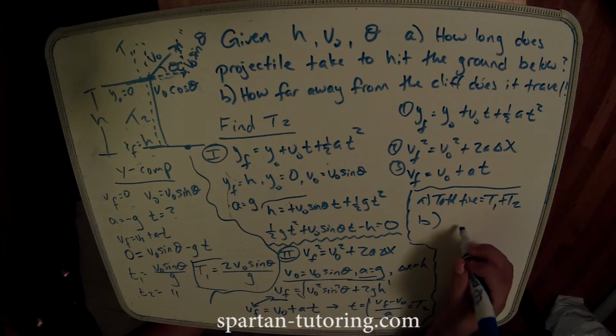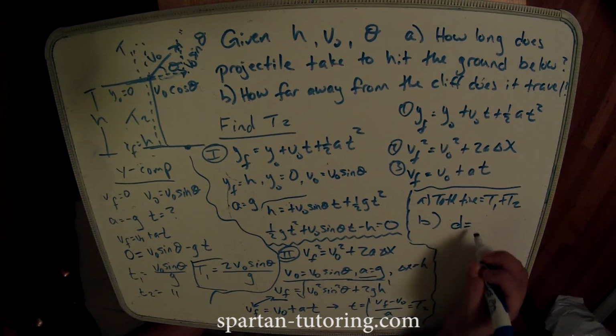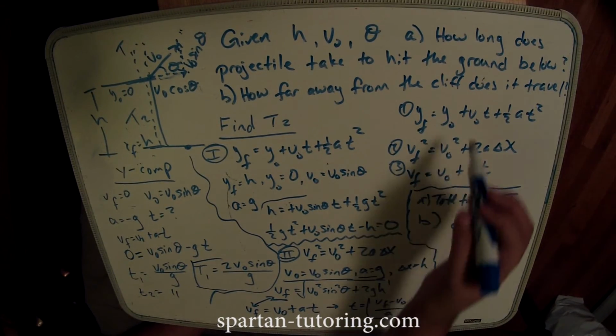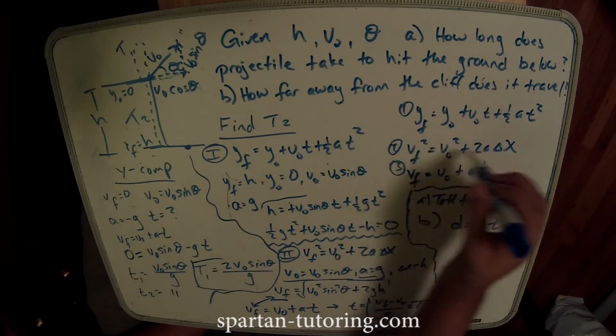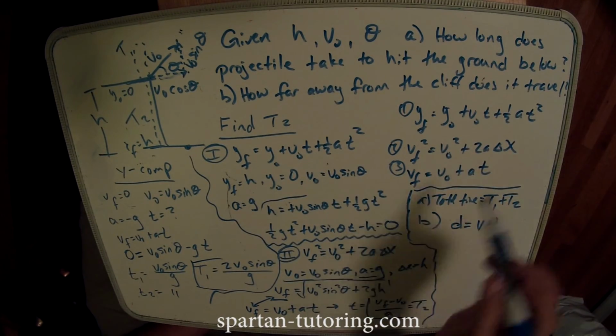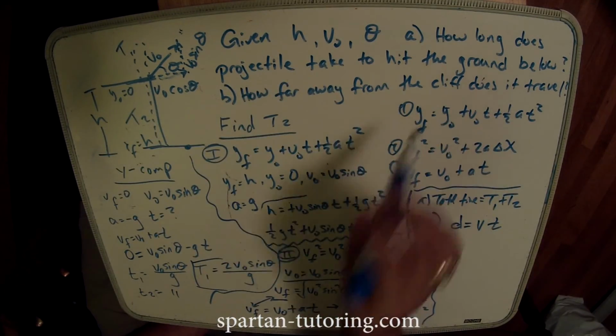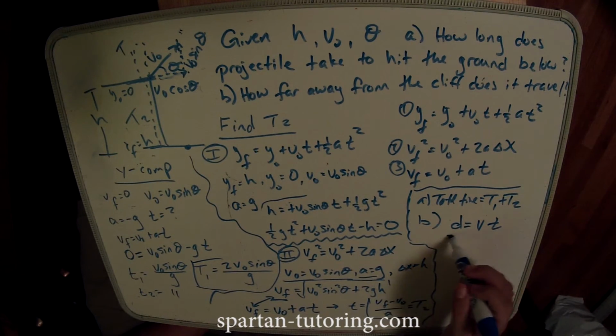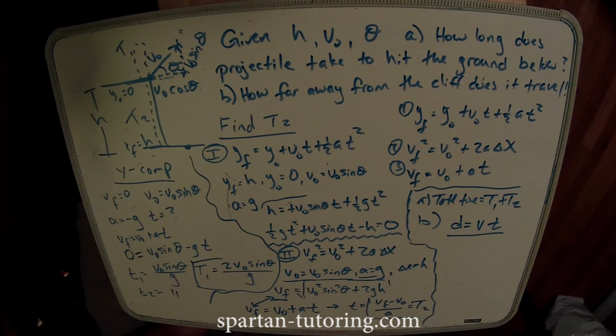And what is distance? The distance traveled is equal to velocity times time. Or you technically could have used the first equation where your initial is 0 and acceleration is 0. That's important. Acceleration in the x direction is 0.